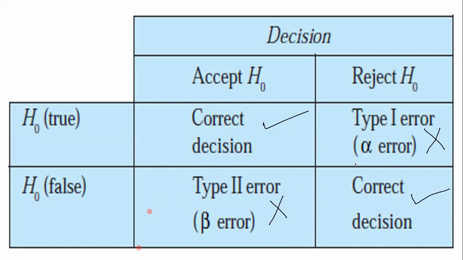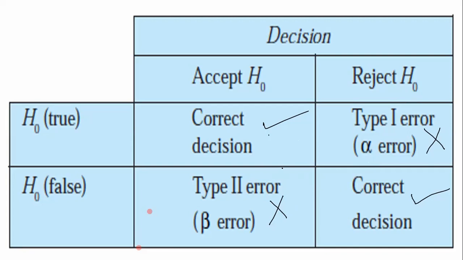So out of the four situations, suppose there are 100% occasions, so around 88 to 90% occasions will be in correct decision, types 1 and 4, and in the remaining 10 to 12% occasions will be in either type 1 or type 2 error. There are two types of errors.